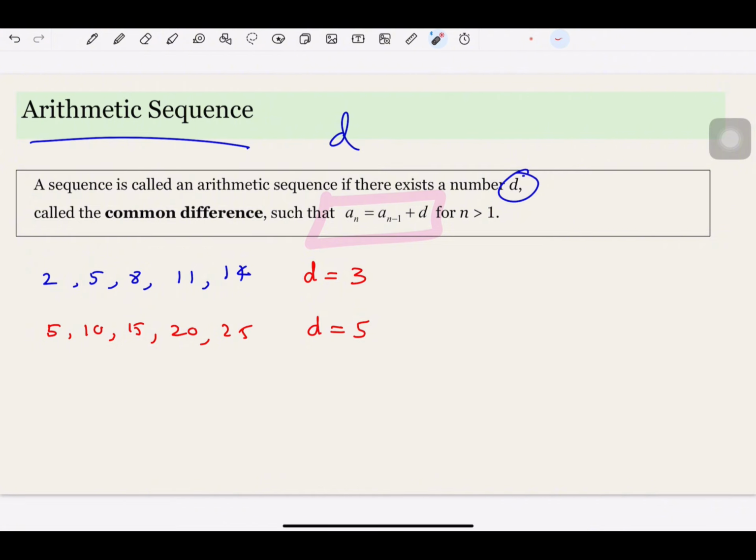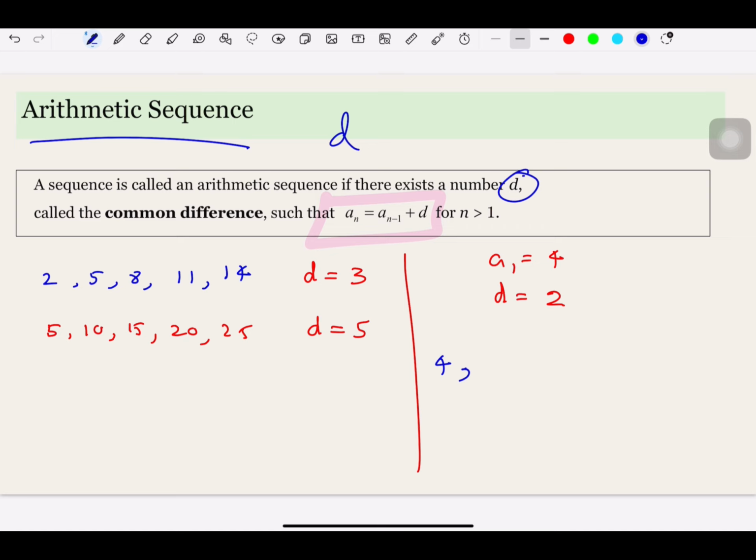Let's try to use this formula. Let's say the first term is 4 and the common difference is 2. If you're asked to build this sequence, you start with the first term, and to get the second term, you add the common difference to the first term.